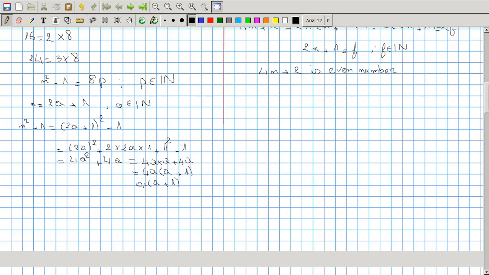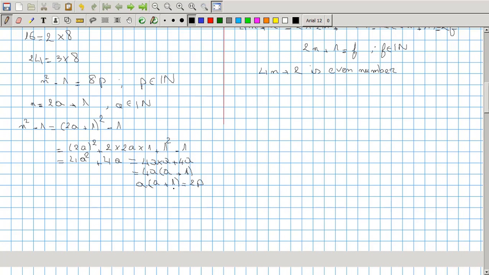If e is an odd number, e plus 1 is an even number. If e is an even number, e plus 1 is an odd number.